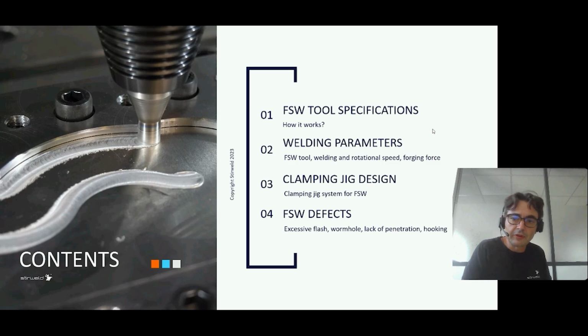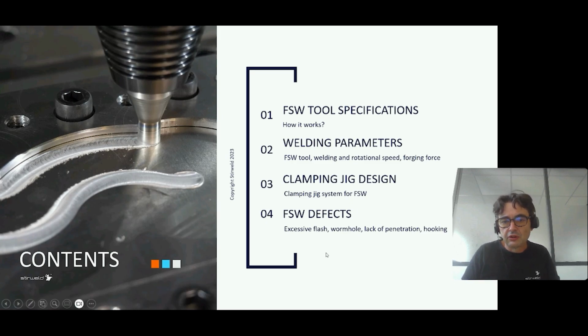Then, what are the welding parameters and their impact on defects? We don't have time to develop chapter 3 about clamping jig design. It is a very important point, but I would need at least 4 hours dedicated only to jig design.